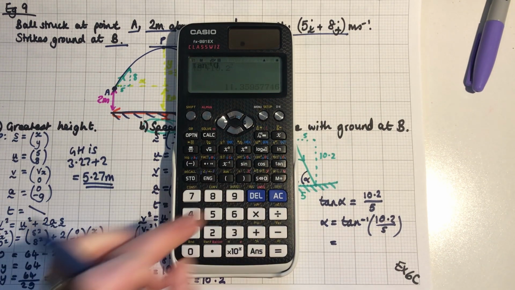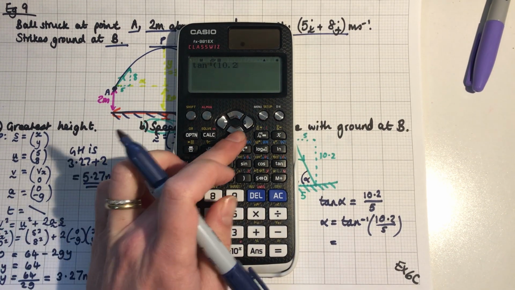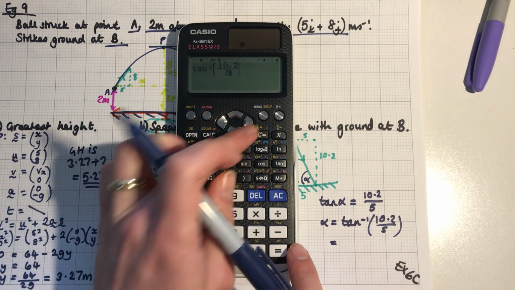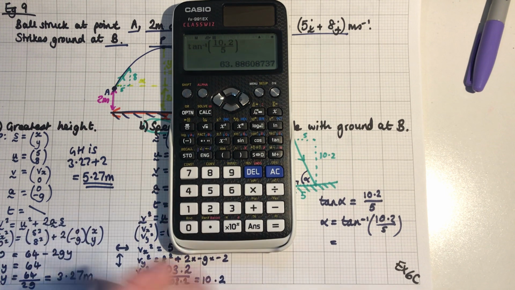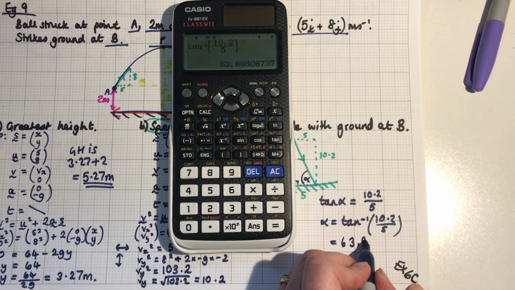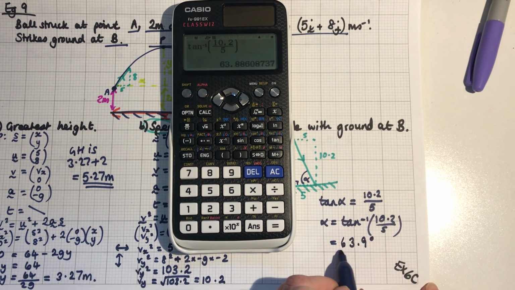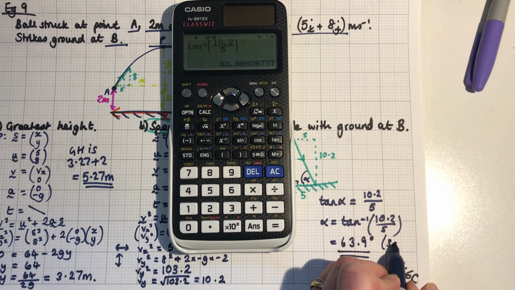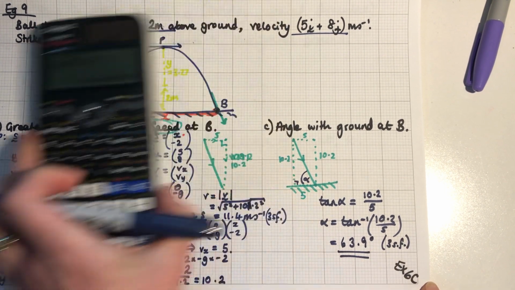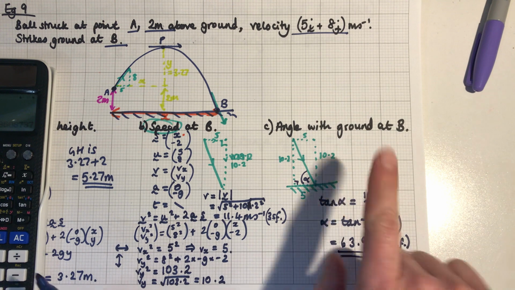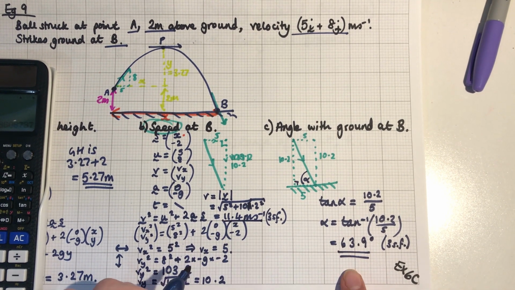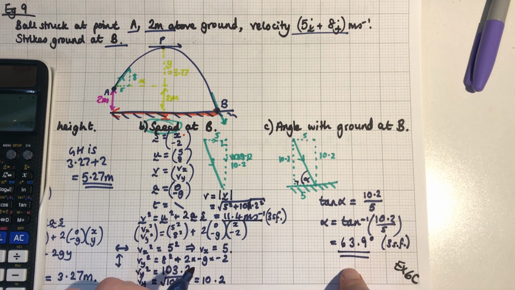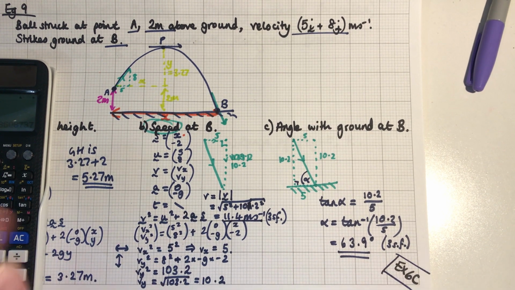So arctan of 10.2 over 5 gives me an angle of 63.9 degrees. Or 64 degrees. So we're hitting the ground with a speed of, where was it, 11.4 metres per second and at an angle of 63.9 degrees. Okay, now you can have a go at exercise 6C.